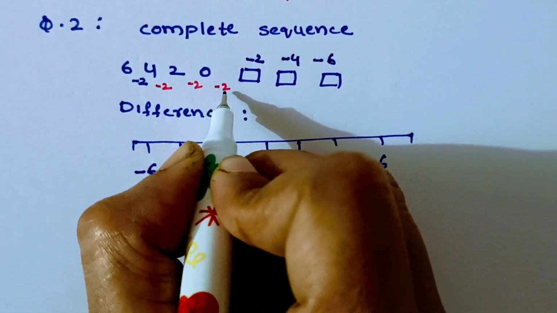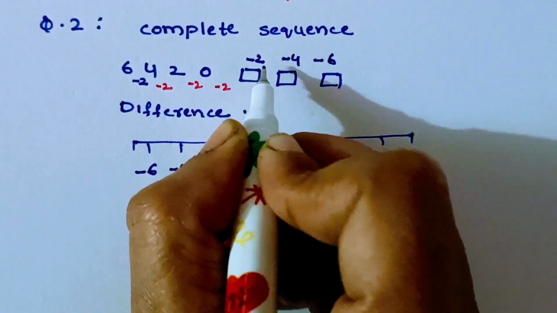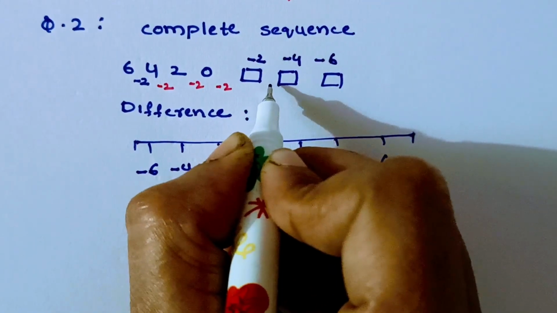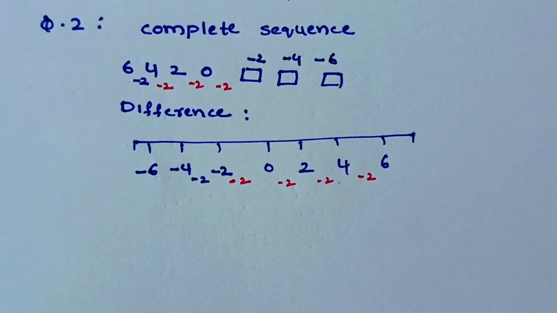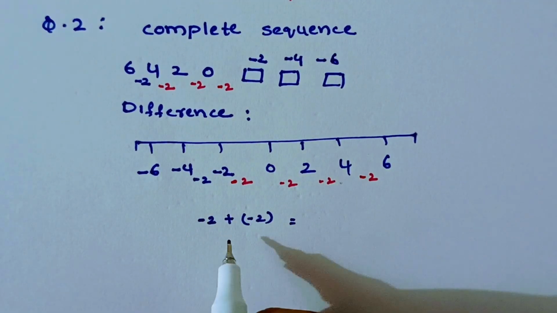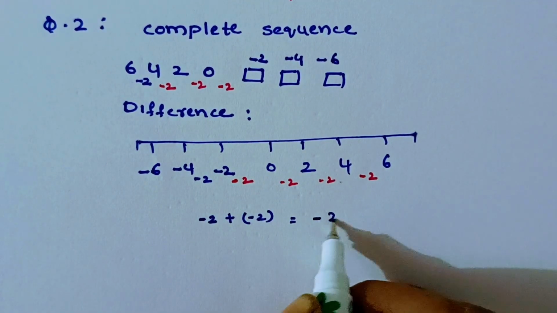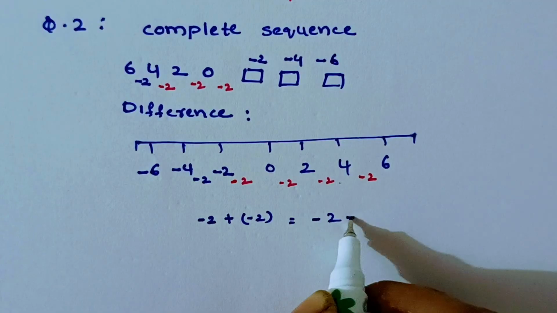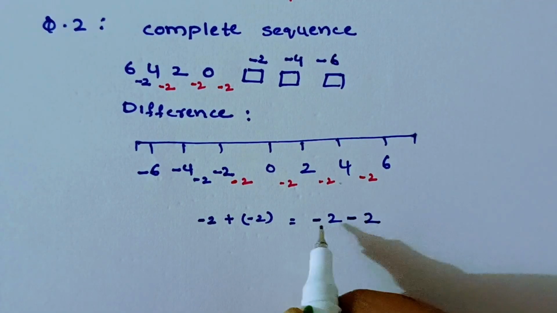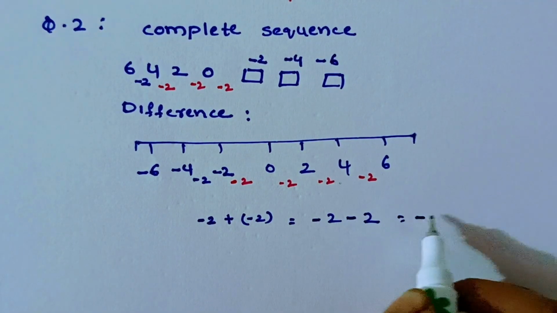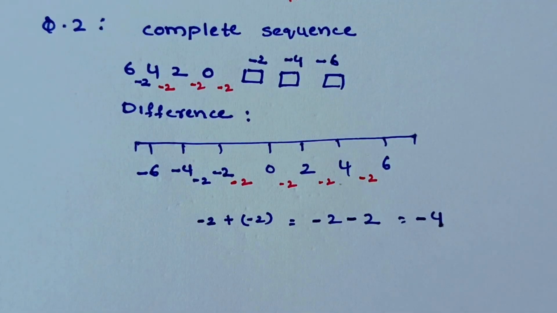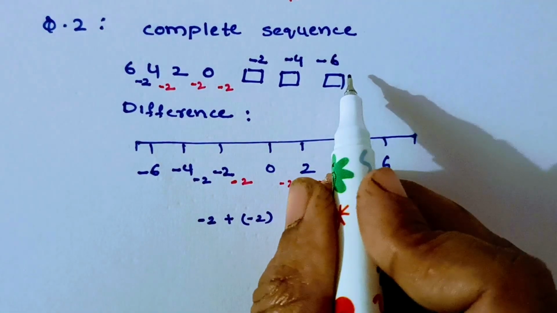Okay. 0 minus 2 is minus 2. Minus 2 minus 2: minus and minus gives minus, so minus 4. Next, minus 6.